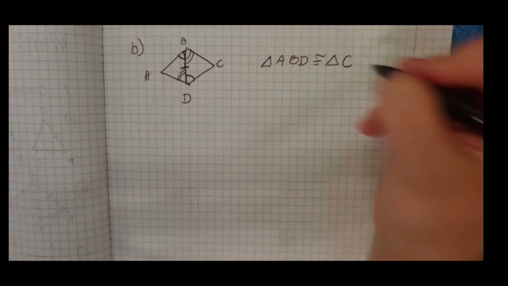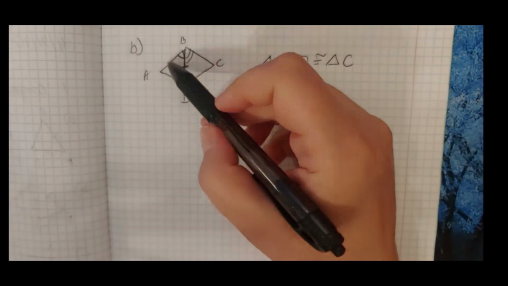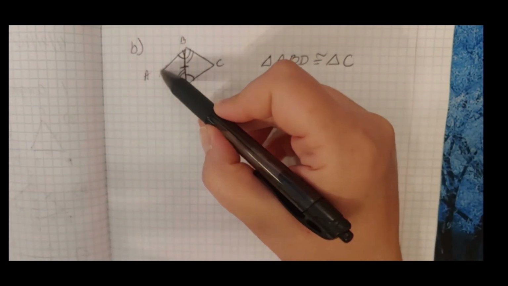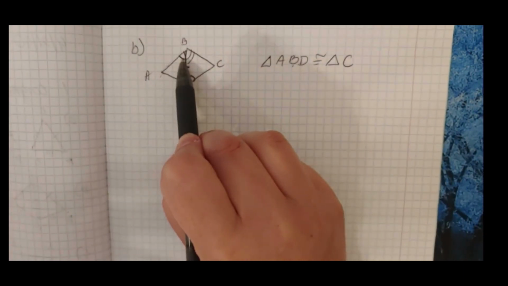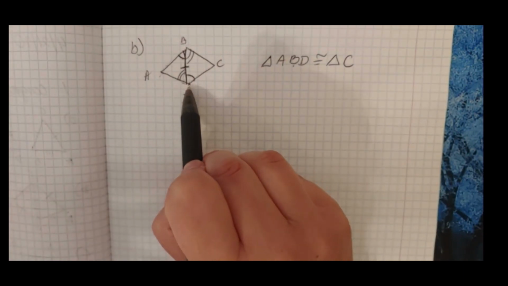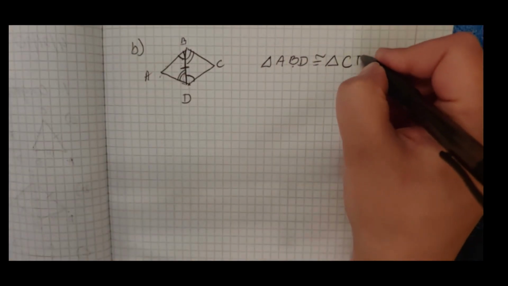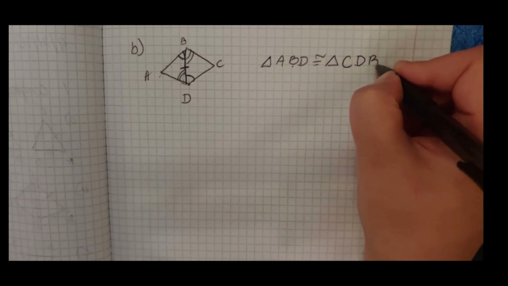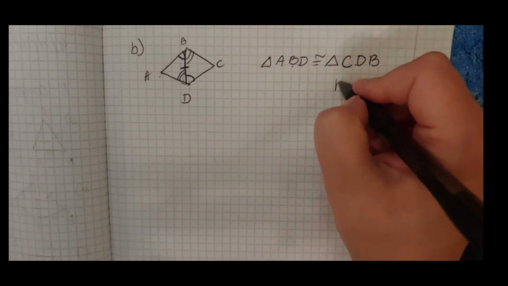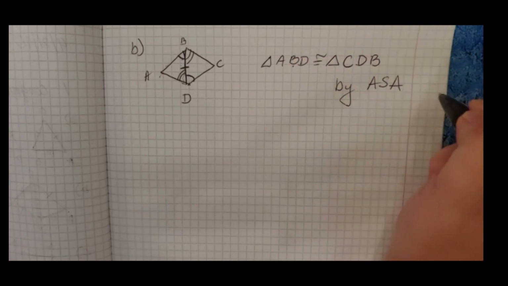So A goes with C. Okay, B in the triangle ABD is marked with one arc. So that has to go to angle D in the second triangle. So that means B goes with D. And the last thing that is left is B in my second triangle. How are they congruent? By angle, side, angle.